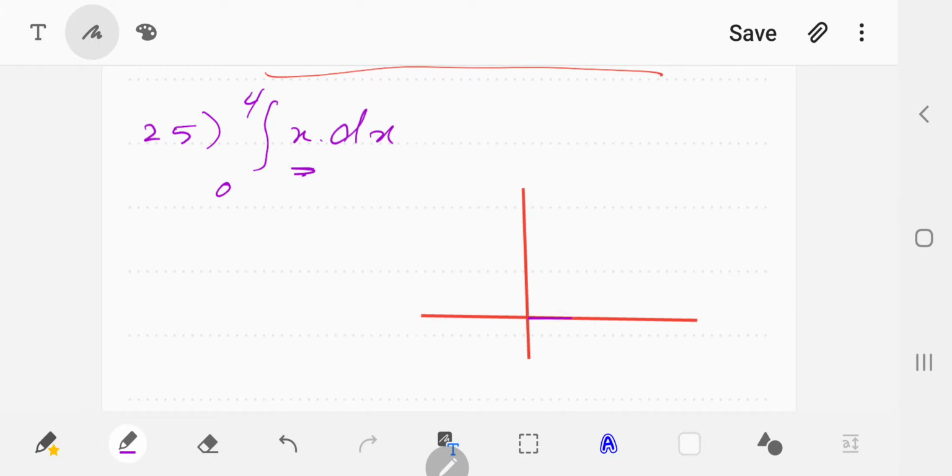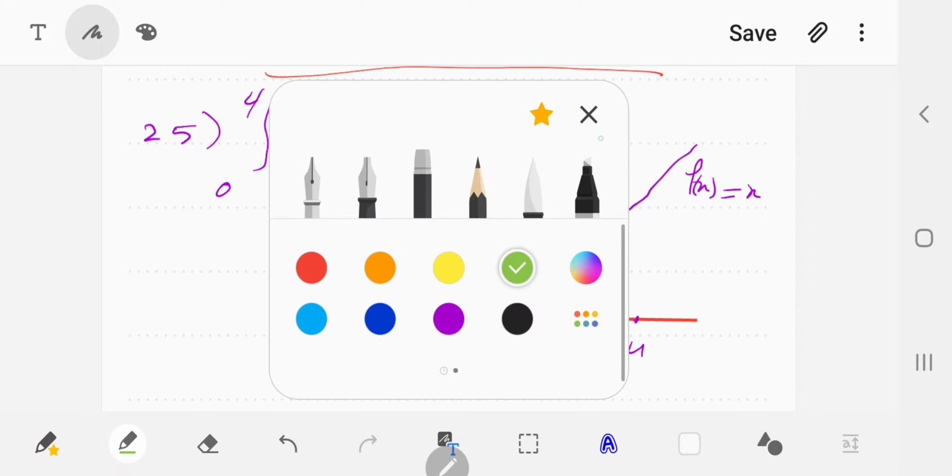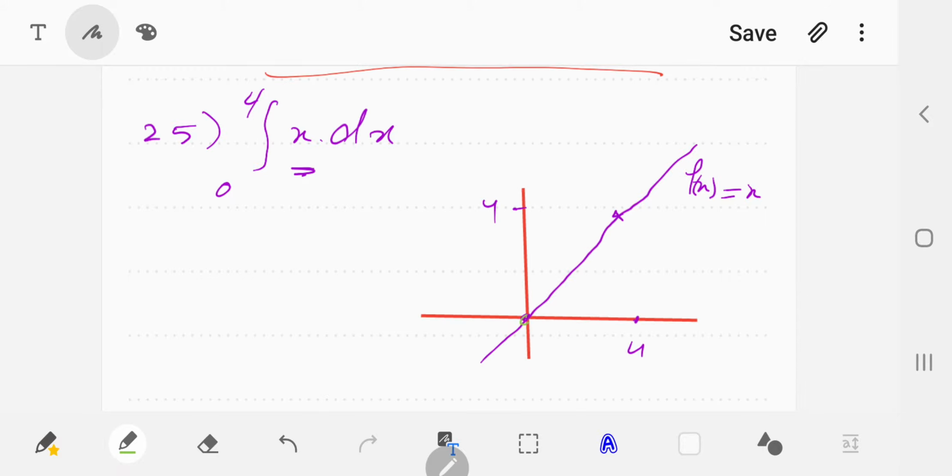So this function will be passing by (0, 0) and (4, 4). So simply just match these points. This is f of x equals x. And we are talking about the area from 0 till 4, between the function and the x-axis. So I'm talking about this area.